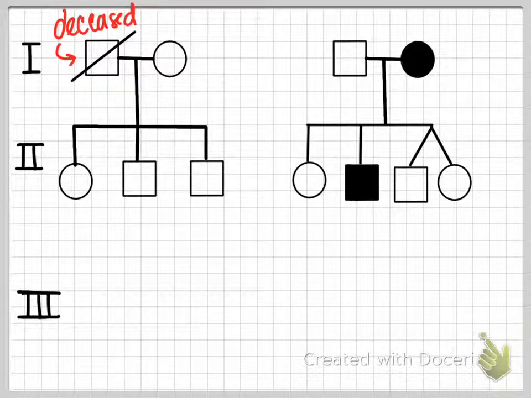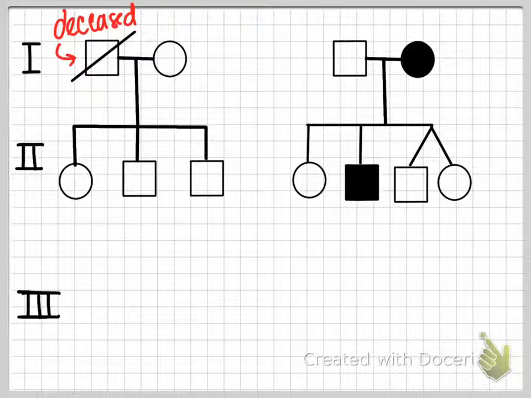But each of these couples had some children. The first couple, the one where the husband is deceased, had 3 children, 1 girl and 2 boys. We typically put the children in order, reading from left to right, of who was born first. So it looks like their oldest is a girl, then they had 2 boys. None of them are affected by whatever this condition is that we're tracing.